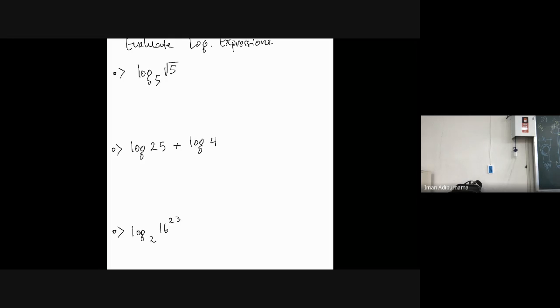Math doesn't need word-by-word explanations. You can explain math by graphics. You can explain math by notations, because math uses notations. So if you cannot explain in words what is log, what is exponent, just write some numbers and some patterns. Then you can get the idea. Oh, this is exponent.